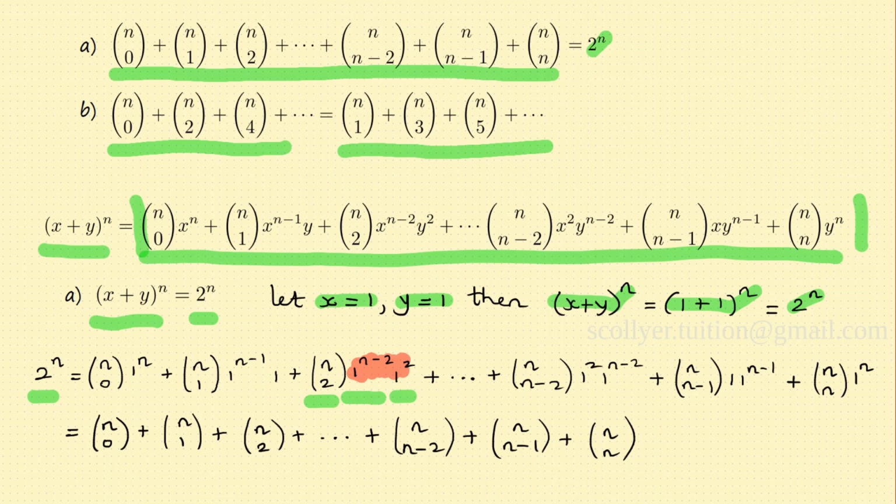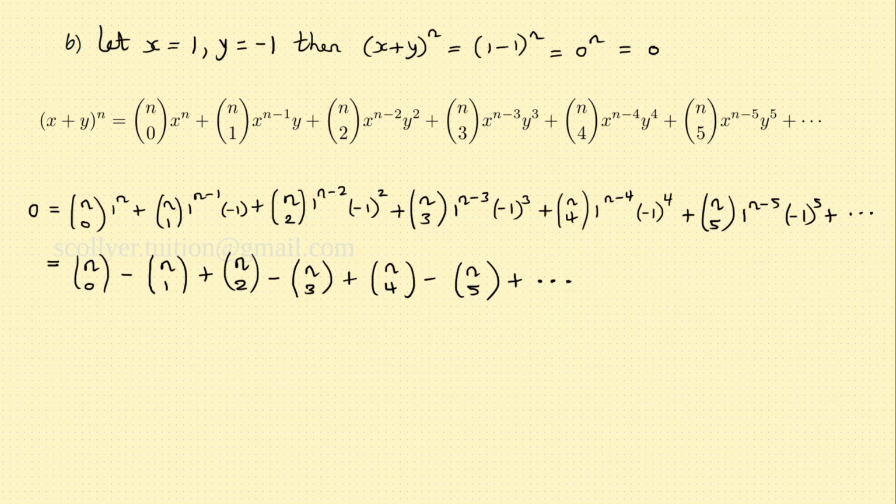The 1 to any power term turns into 1, and we are left with the expression we desire: n choose 0 plus n choose 1 plus n choose 2, and so on, all the way up to plus n choose n minus 2 plus n choose n minus 1 plus n choose n.